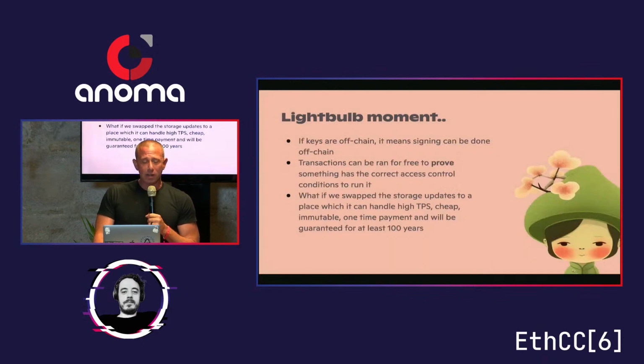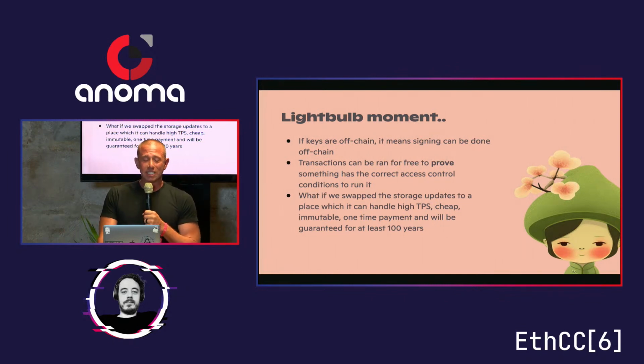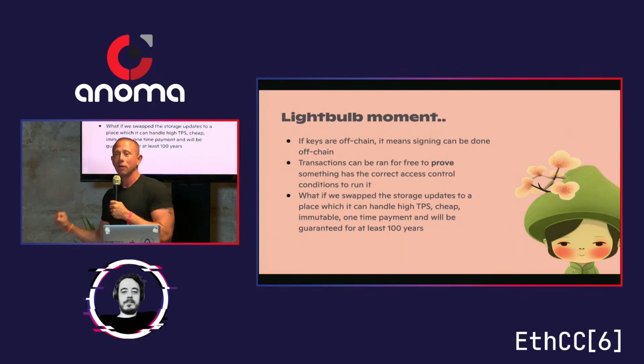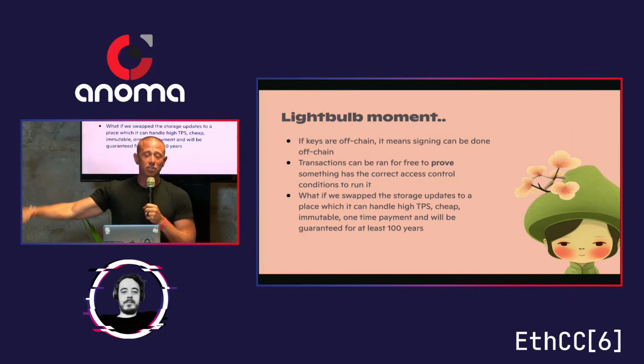What the team came up with is based on the realization that if the keys are off-chain and you can sign off-chain, you can simulate off-chain, then these transactions can essentially be run for free. So instead of storing on a blockchain like the EVM, you can simulate on the EVM and store elsewhere on a less expensive network.